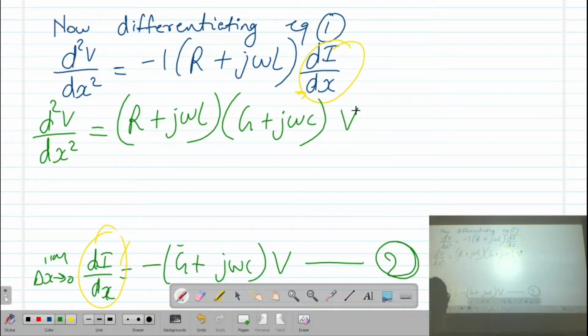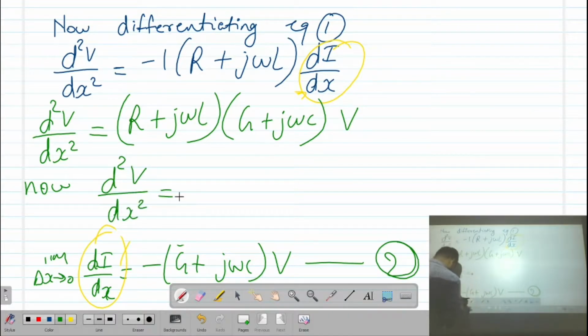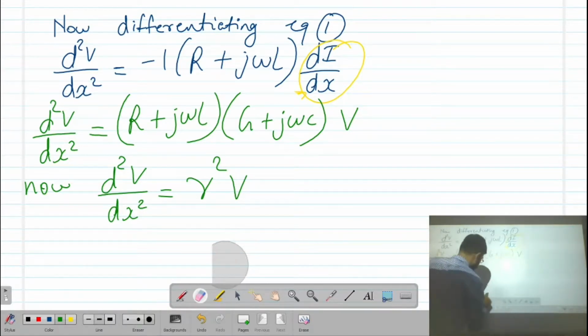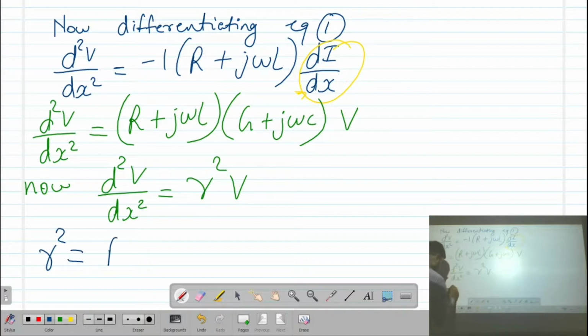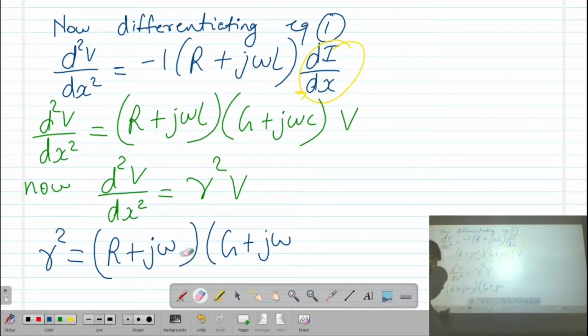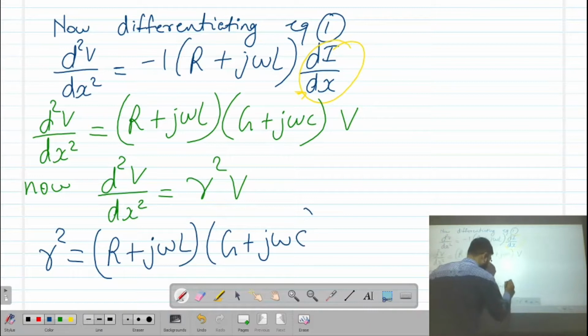Now, let us assume over here d square v by dx square is equals to gamma square V, where gamma square is equals to R plus j omega L into G plus j omega C, where L and C are the inductance and capacitance.